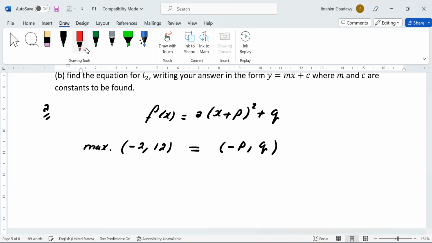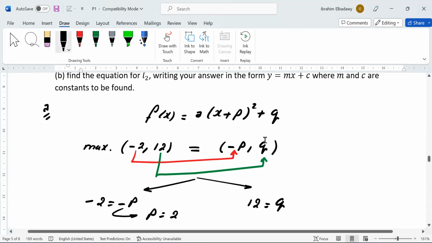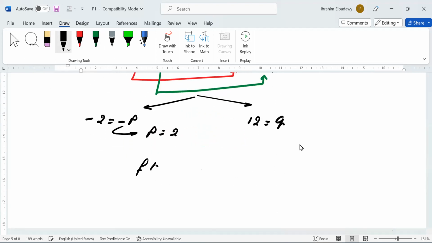So -b equal to -2, then b equal to 2, and q equal to 12. You can use the values of b and q in the completing the square form and write f(x) equal to a(x plus 2) all squared plus 12.